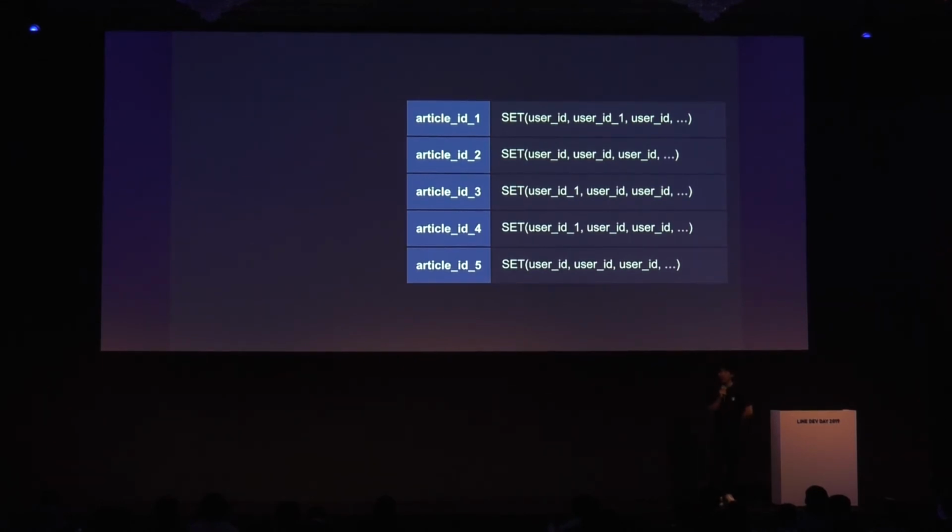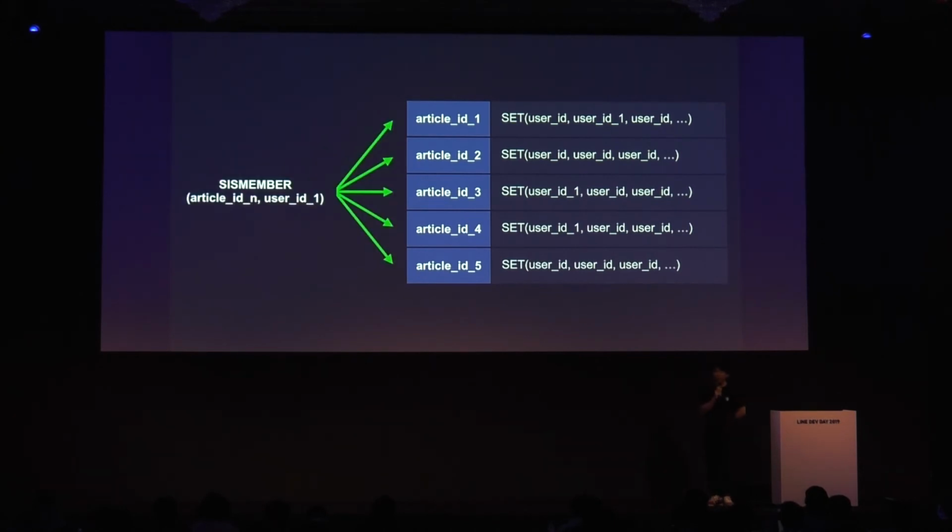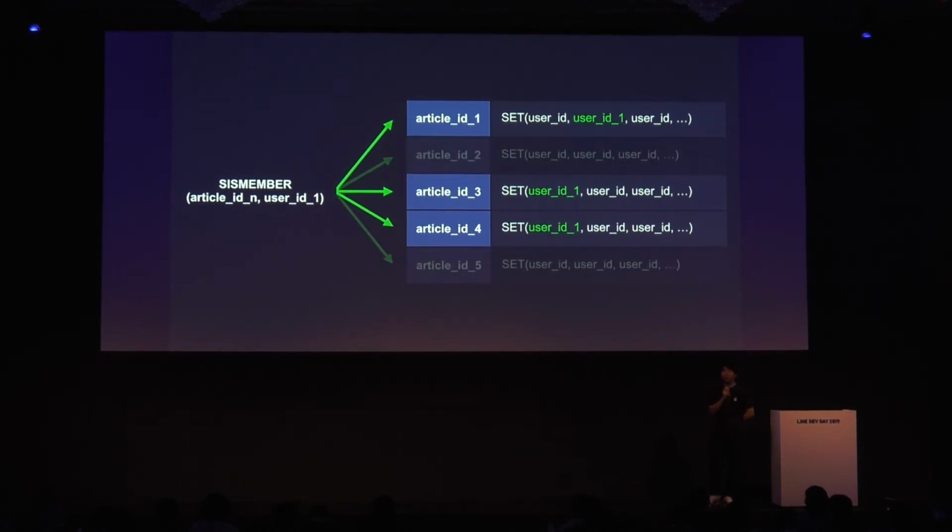Then from here, if we want to get the recommendation information for user ID 1, then to all the keys on Redis, the SISMEMBER operation is executed. This SISMEMBER operation checks whether there is a specific value in the value set. If user ID 1 is included, then we get article IDs 1, 3, and 4.